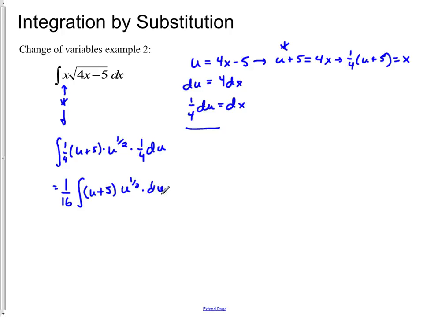Multiplying u to the 1/2 to both of these terms in parentheses to give us a new expression, which is going to look like 1/16 the integral of u to the 3/2 plus 5 times u to the 1/2 du.